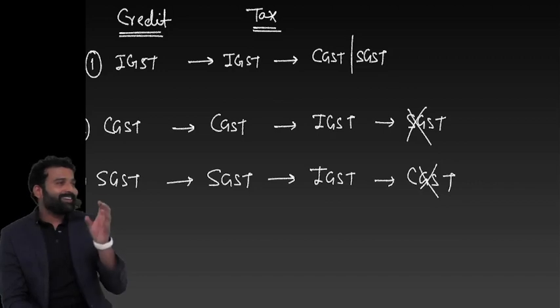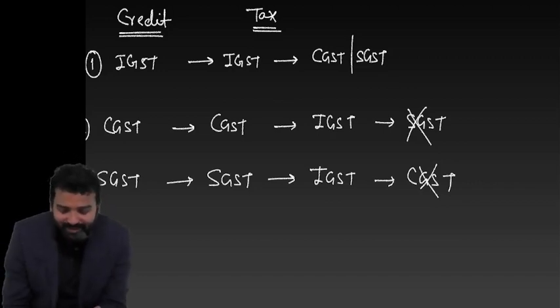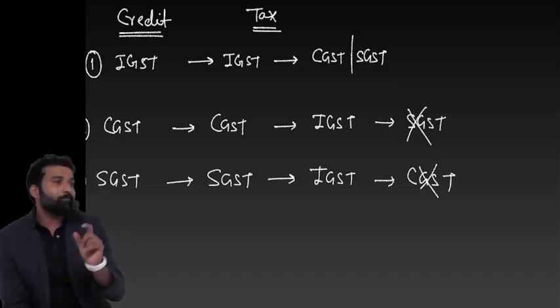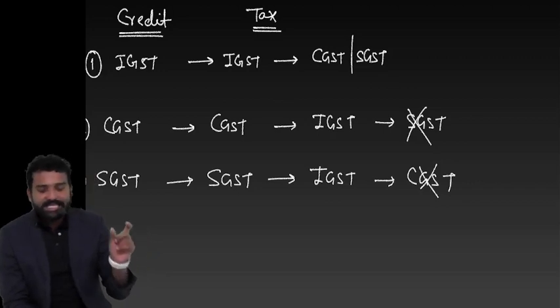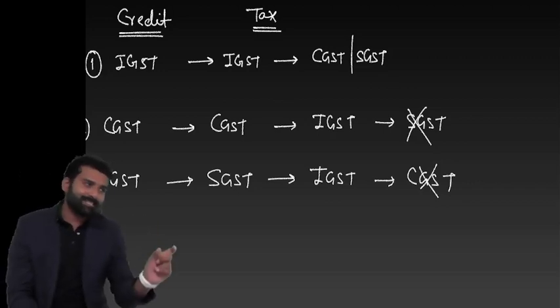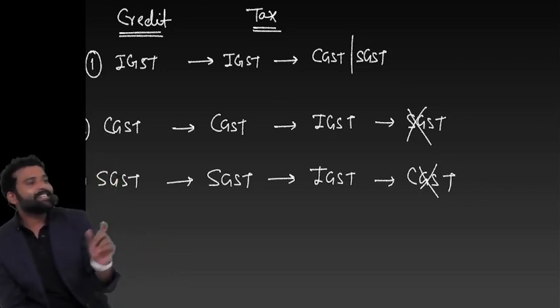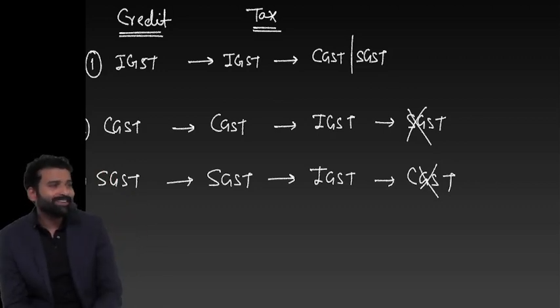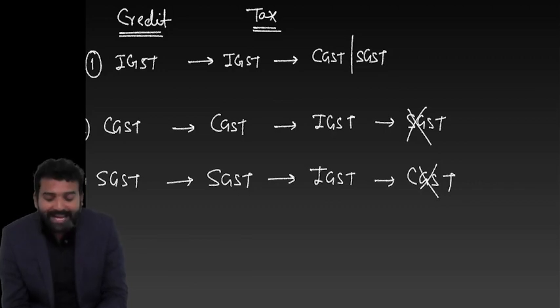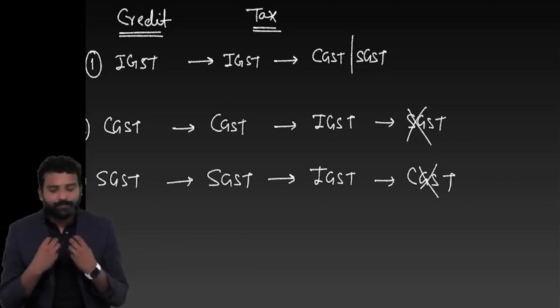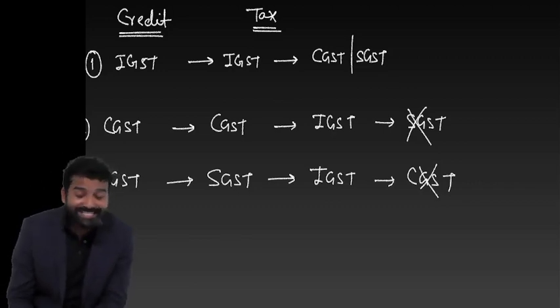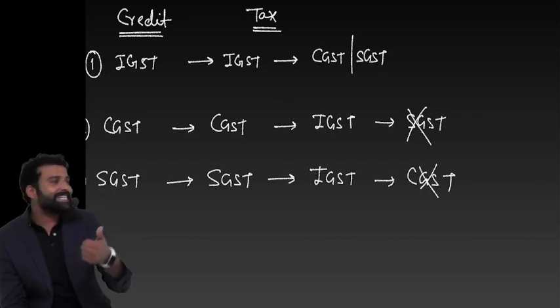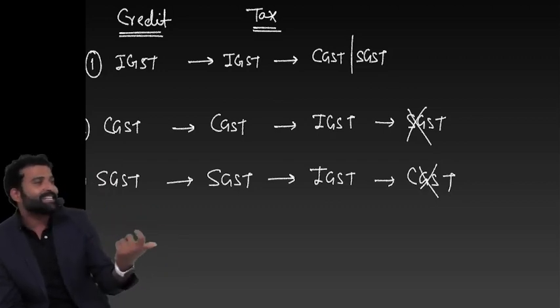So, in this show, IGST is Pati, CGST is Saas, and SGST is Bahu.